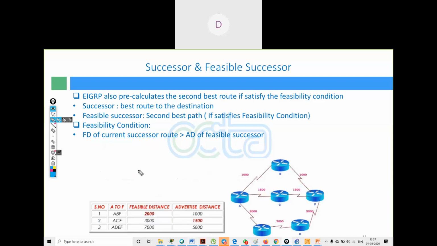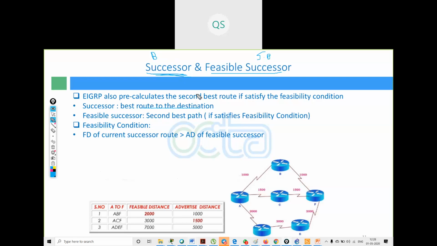So see, in EIGRP, it automatically selects the best route, which is known as the successor, the best route to the destination. It also selects the feasible successor, which is the second best route.